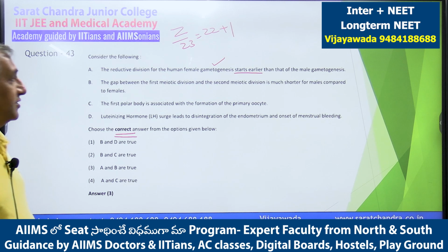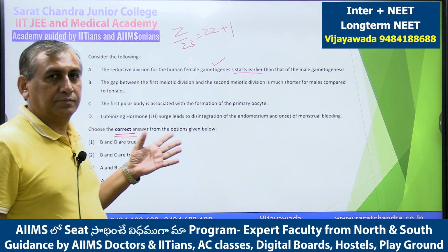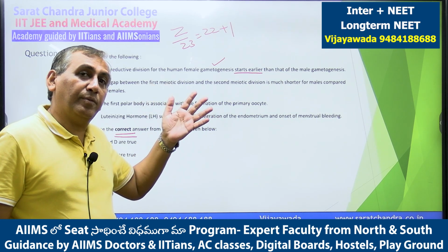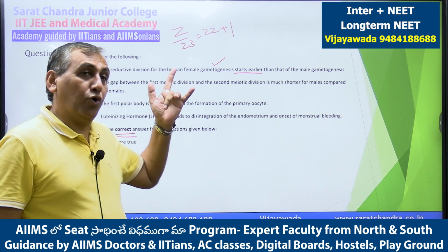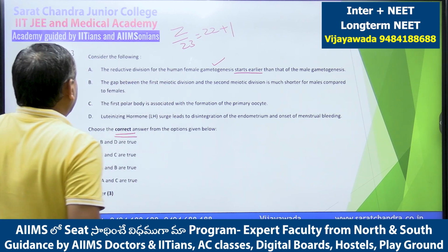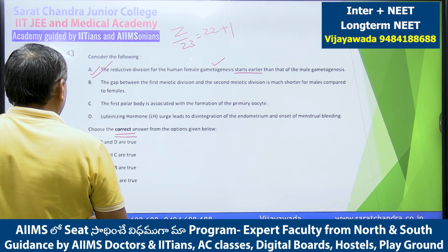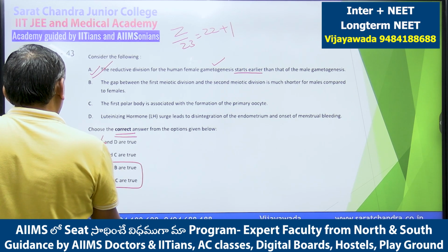Male gametogenesis starts at the time of puberty. Female oogenesis starts when the female baby is in the uterus of the mother, in the embryonic ovary. So the first statement is absolutely correct. So this gone, this gone. Now two answers are surviving.